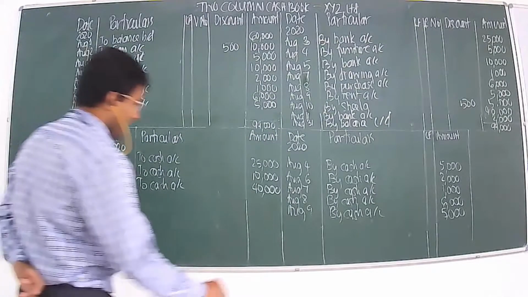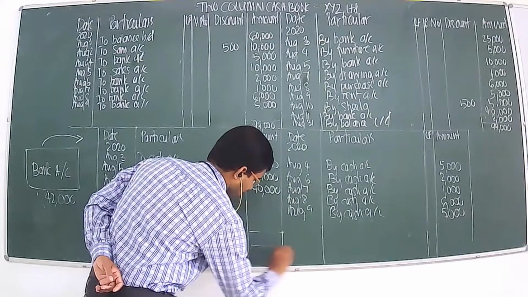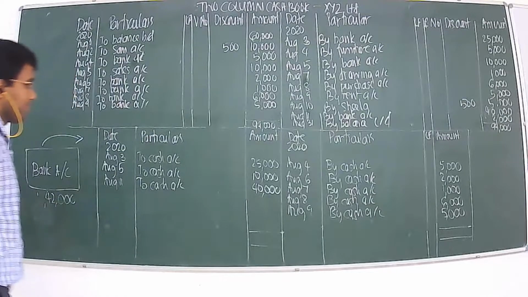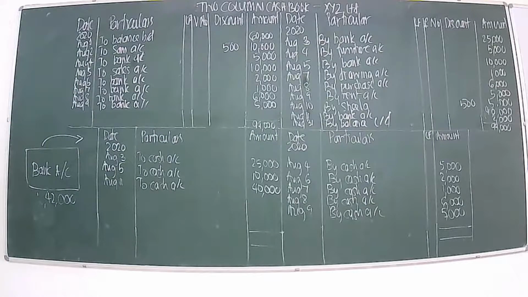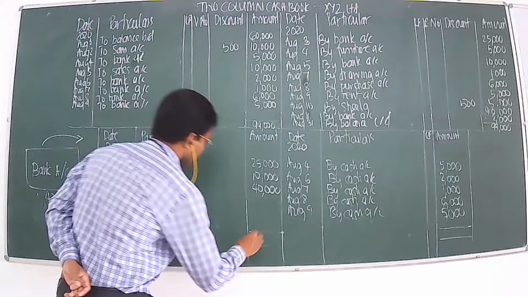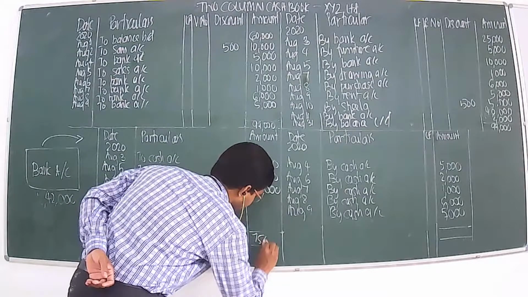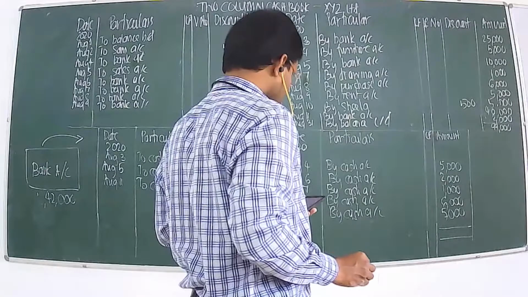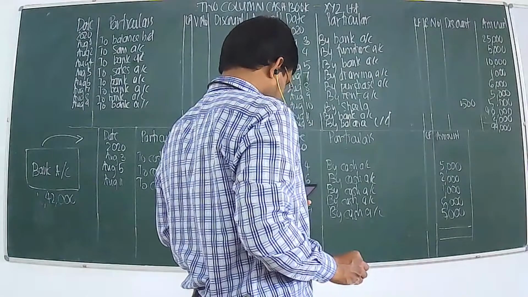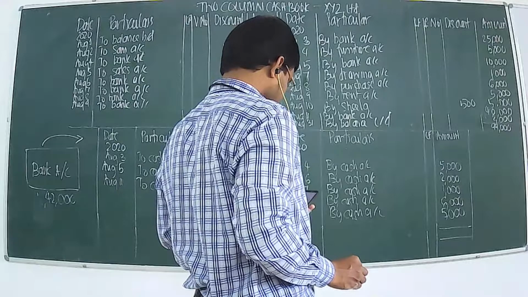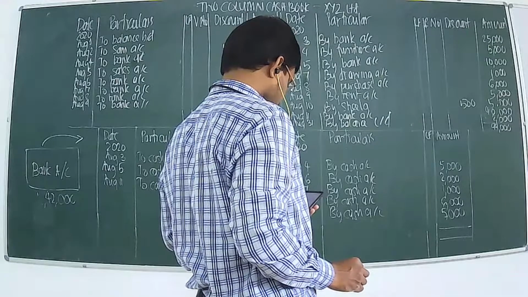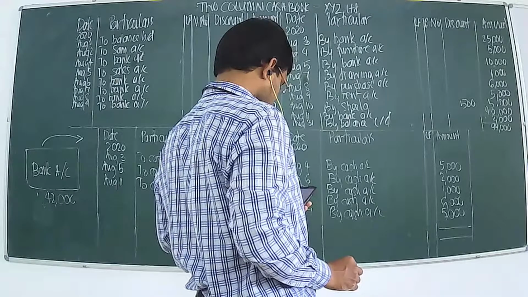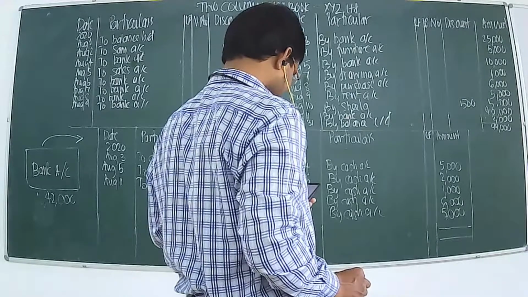Similarly, I will have to balance my bank account as well. Here this is 75,000. And here, this is 5,000 plus 2,000 plus 1,000 plus 6,000 plus 5,000. So that will be a total of 19,000.